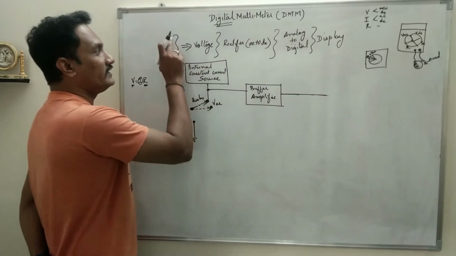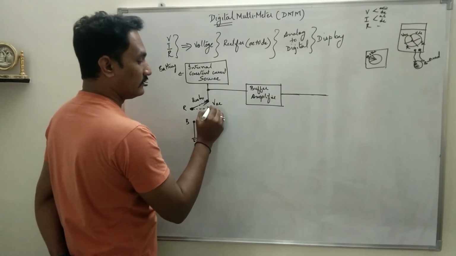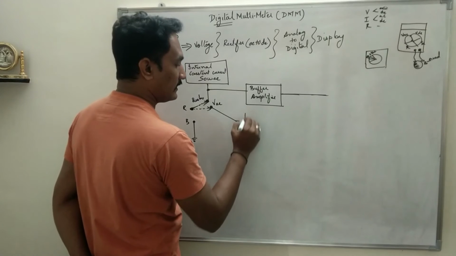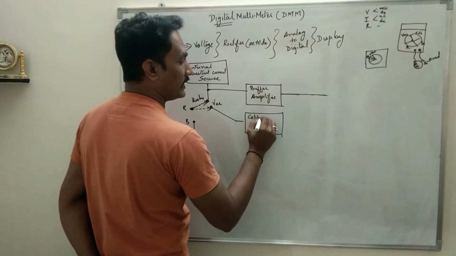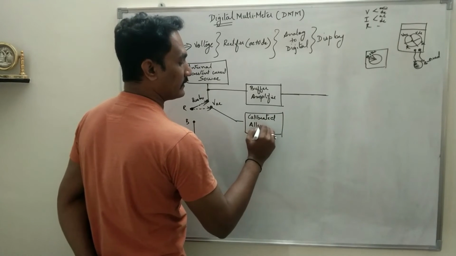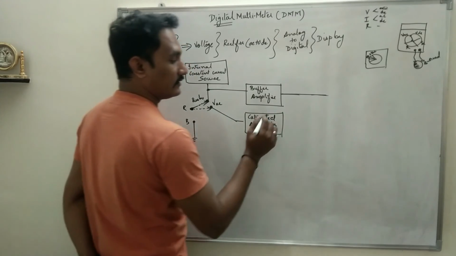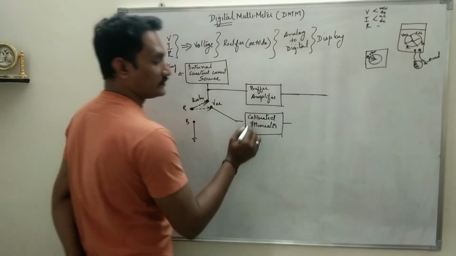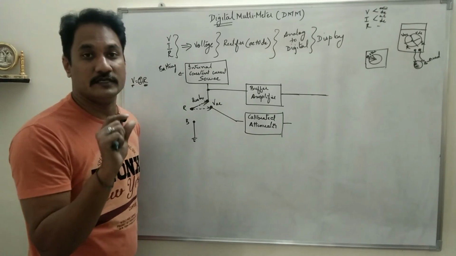So as it is already a voltage, you don't have to convert it into voltage, but you need a block called calibrated attenuator, which will attenuate the voltage being measured.